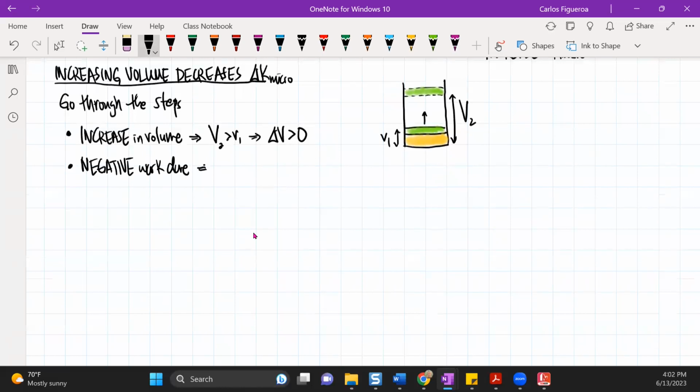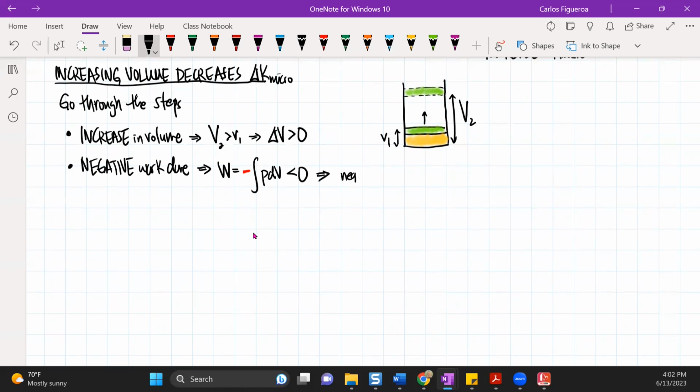And the reason why it's negative is that if I look at my work here, I have a negative sign, but the pressure times the volume change is a positive quantity. So I get a minus times a plus, that is less than zero.